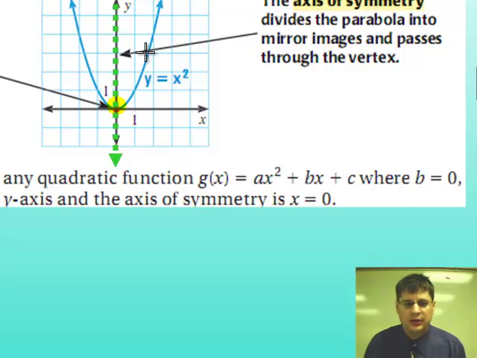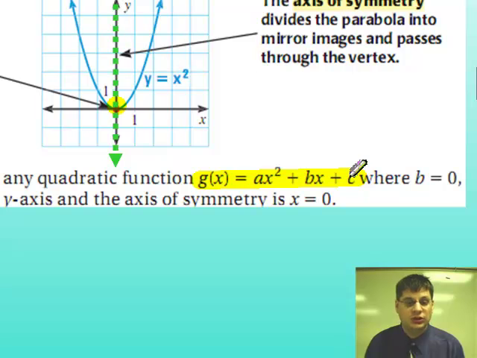So we can expand on the quadratic function as far as the standard form, and it can be written as g of x equals ax squared plus bx plus c, which is one you're probably familiar with seeing in Algebra 1.